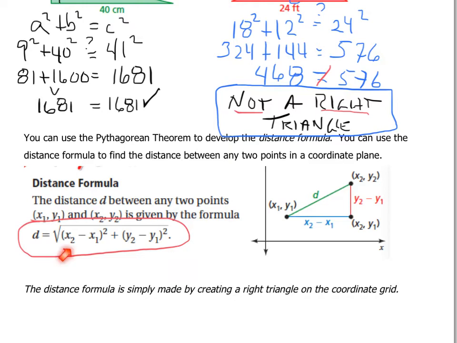Basically, you're going to take your two x values of your coordinates, subtract them from each other, and square that answer. Then you take the y values and subtract them and square it. Add those two numbers together, and then we always do the square root last.